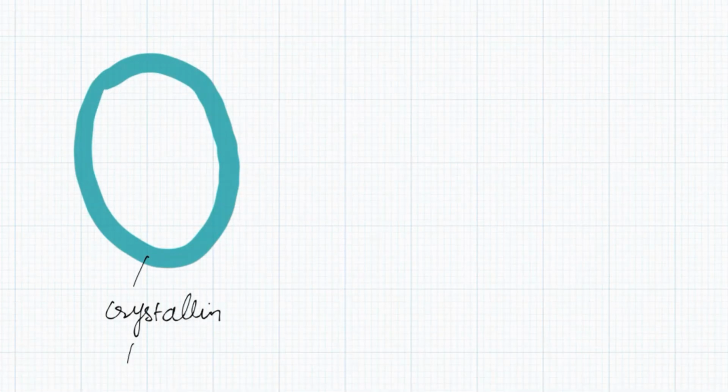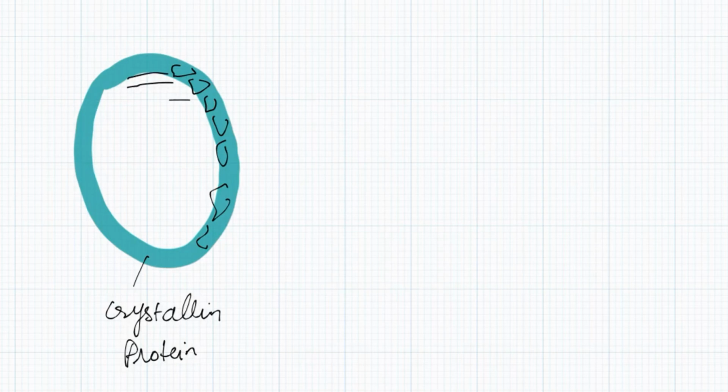The lens vesicle has been formed and now it consists of crystalline proteins. The single layer of cells which are present at its posterior surface will elongate to attach to the anterior surface.